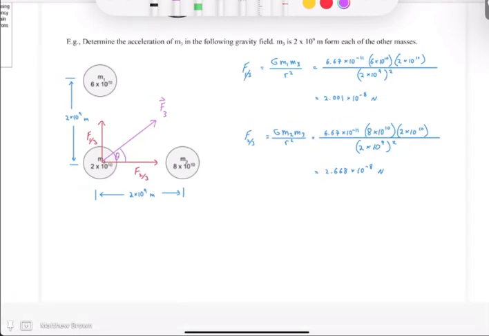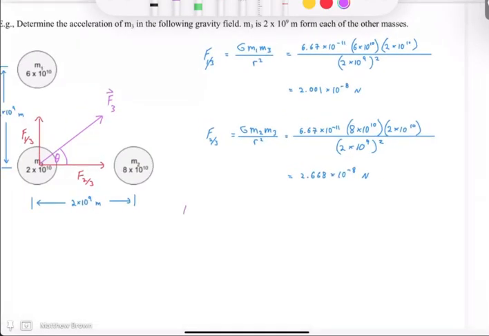And this just means good old Pythagoras, right? The magnitude of the force on 3 is going to be the two components of this squared.